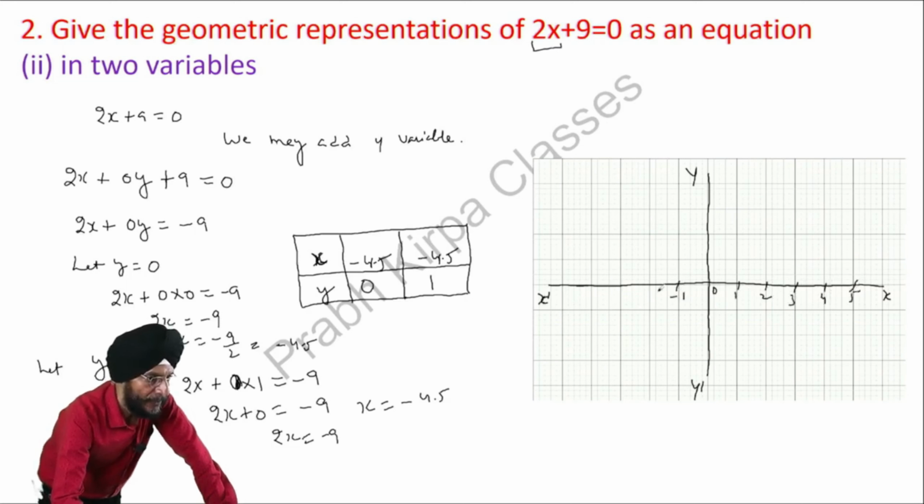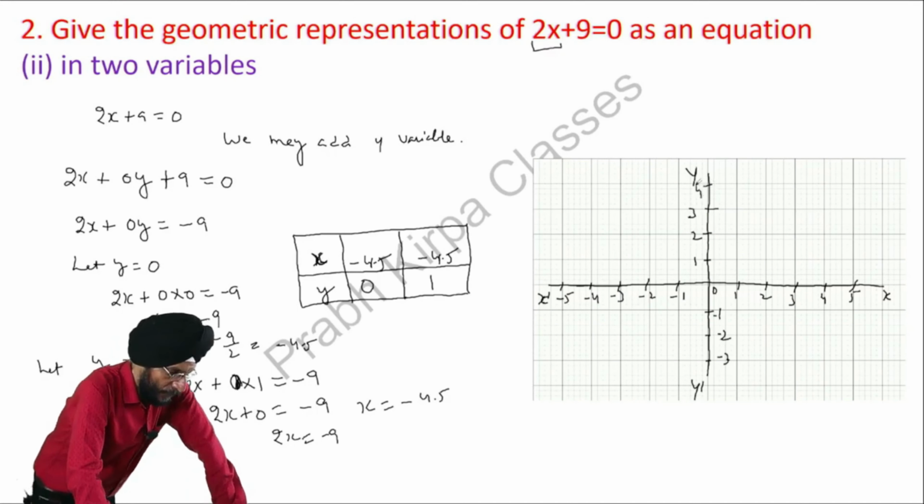Here it is minus 1, minus 2, minus 3, minus 4, minus 5, and on the y axis 1, minus 1, minus 2, minus 3. Here it is 1, 2, 3, 4. Now what is given?